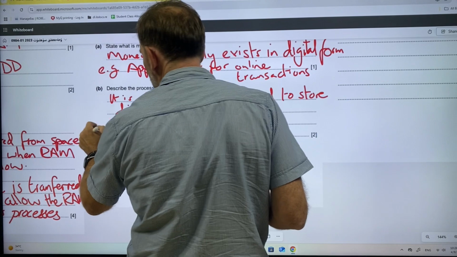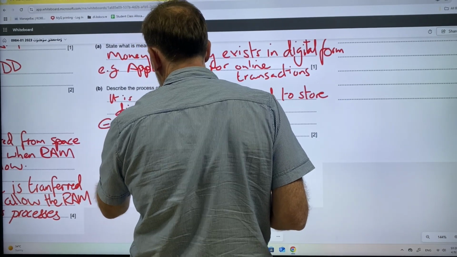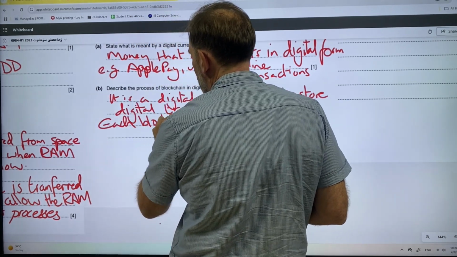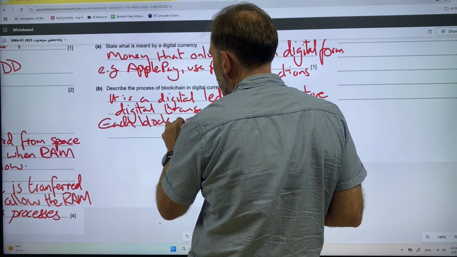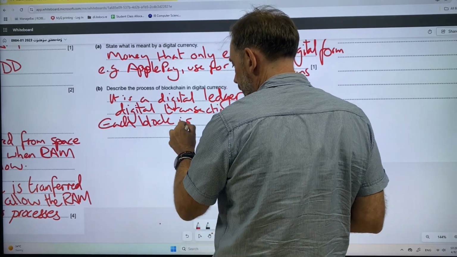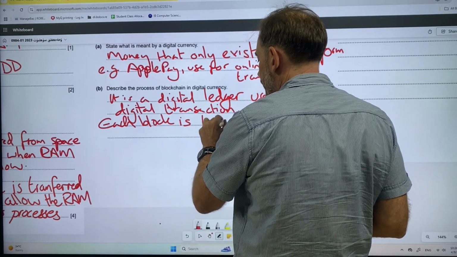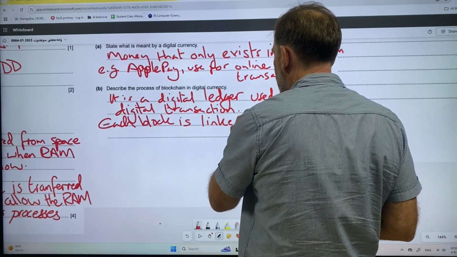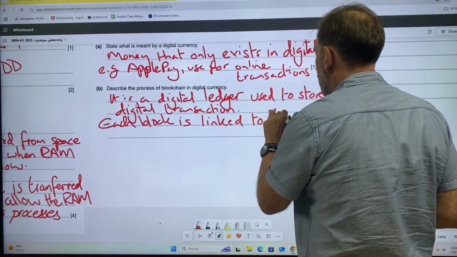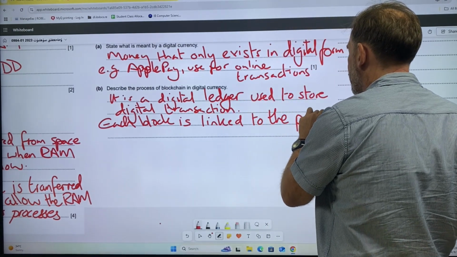Each block is linked to the previous one.